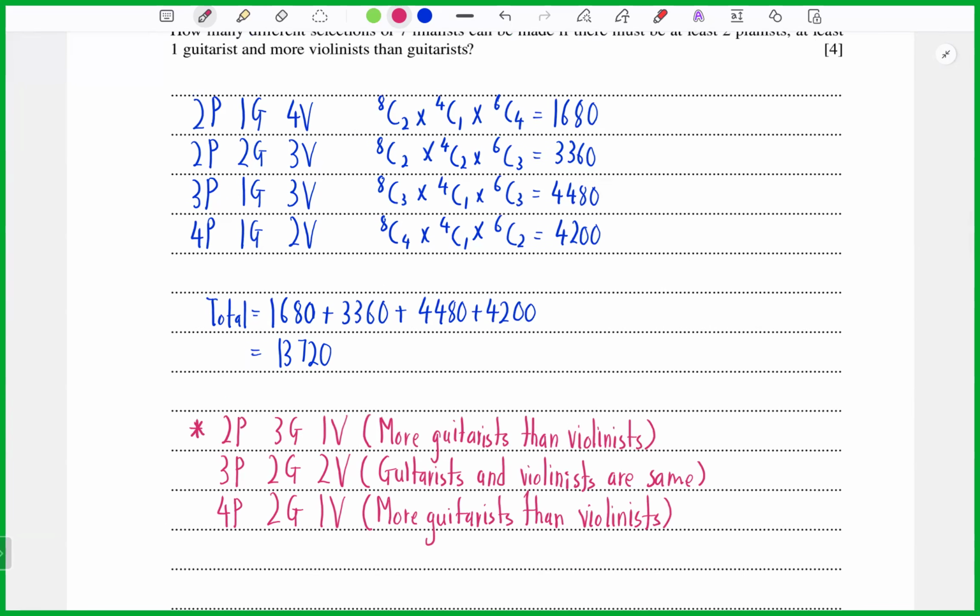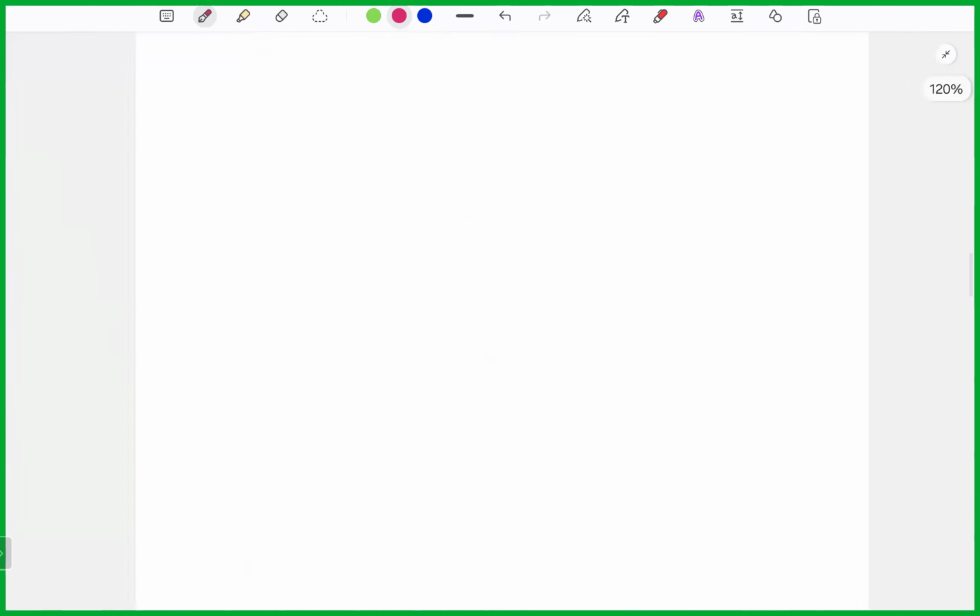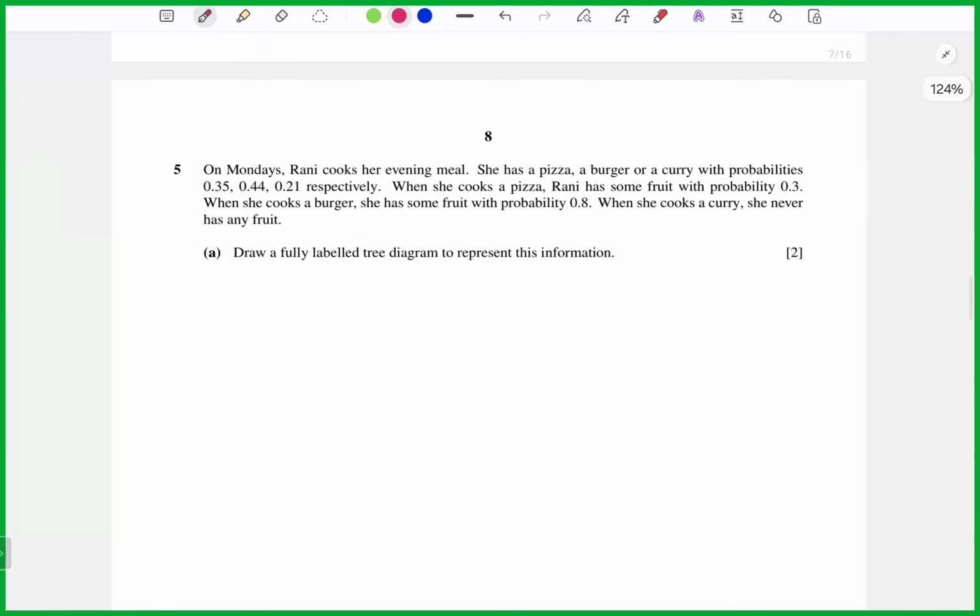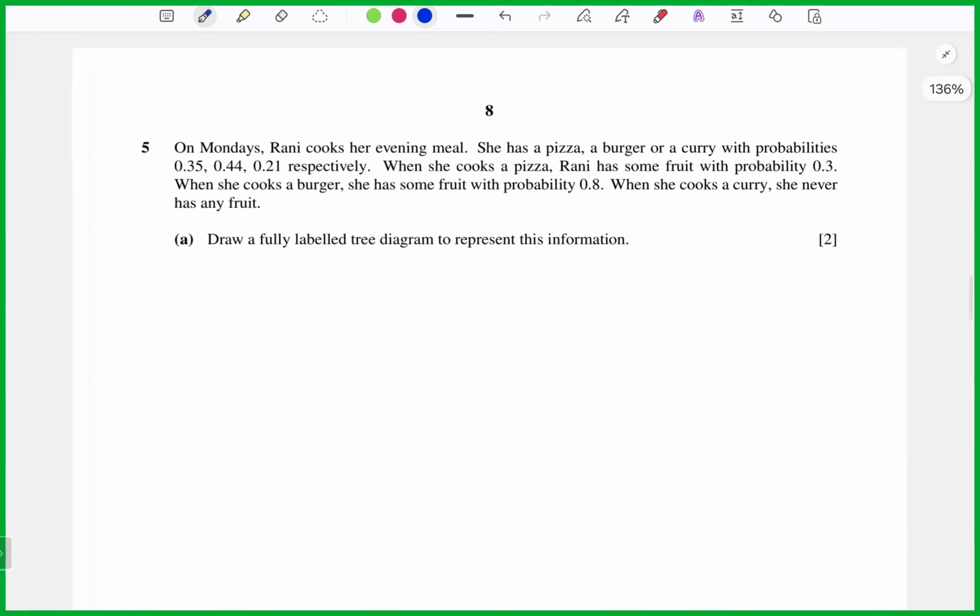Okay, so now we go to the next question. Question 5. Okay, this is a probability question. On Mondays, Rennie cooks her evening meals. She has a pizza, a burger, or a curry with probability 0.35, 0.44, 0.21 respectively.